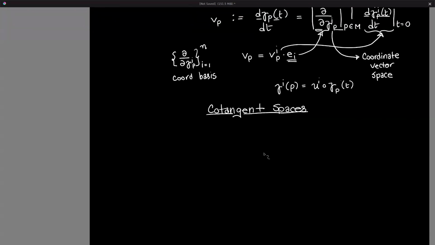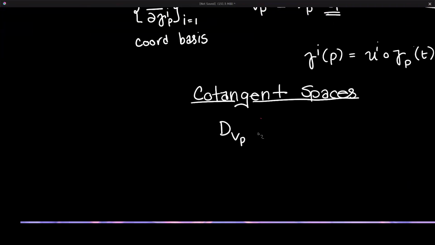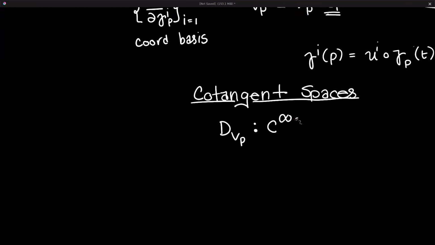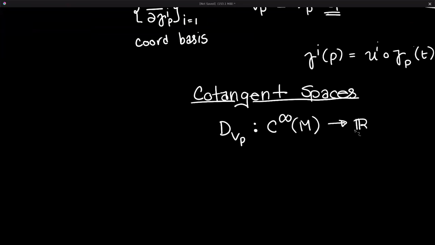So what is the directional derivative? Well, the directional derivative is a map dvp that takes you from a space called C infinity M to R. So C infinity M might be somewhat self-explanatory, but just in case, C infinity we were calling functions that are smooth.